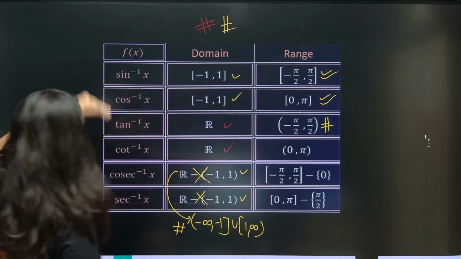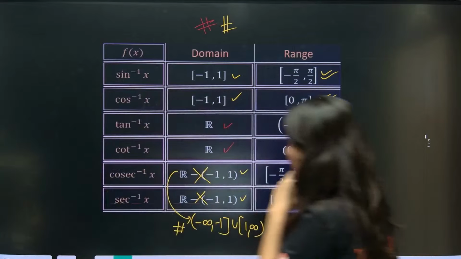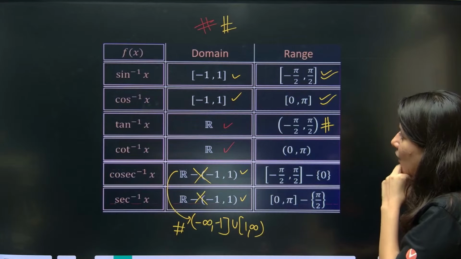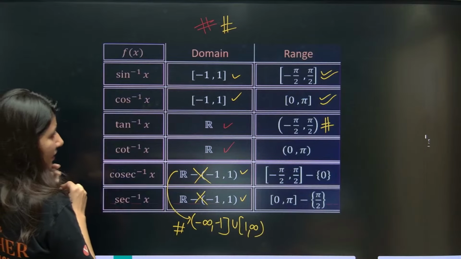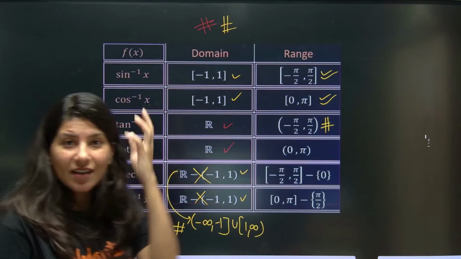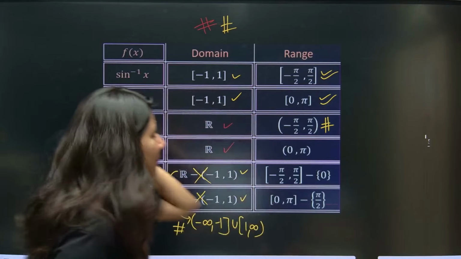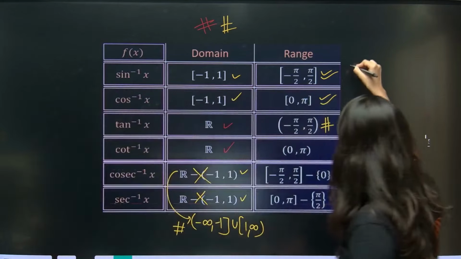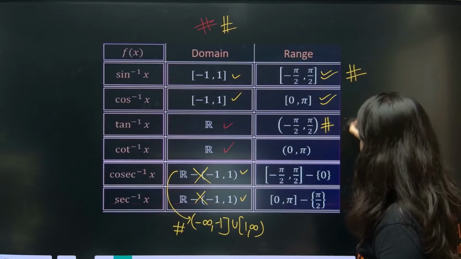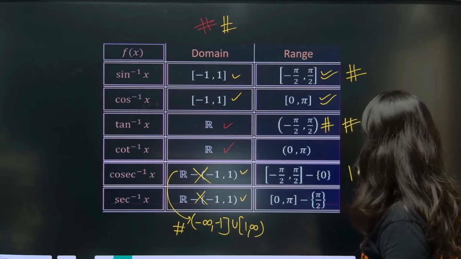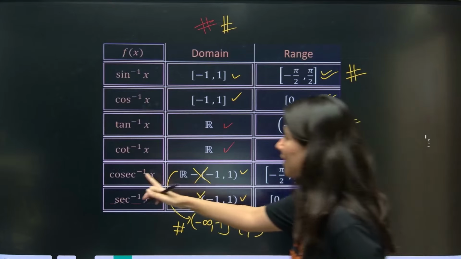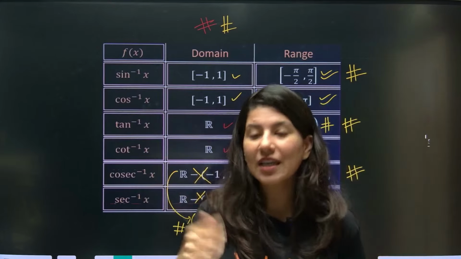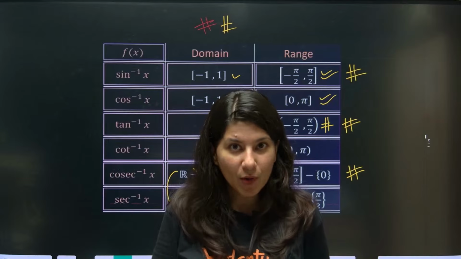then you know what? Now, cos inverse and cot inverse will share the same thing. Understand, here actually what is happening? Sin inverse, tan inverse and cosec inverse, these three are same to same if you see. It's just that cosec inverse x, think of it as cosec x, 1 upon sin x.